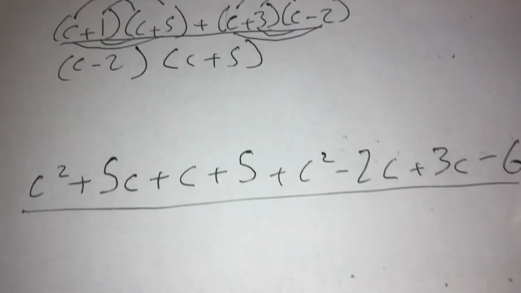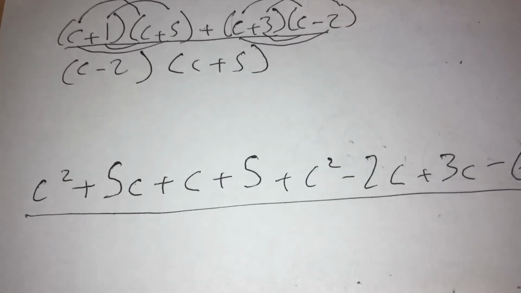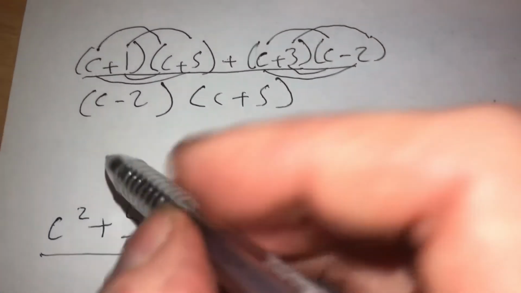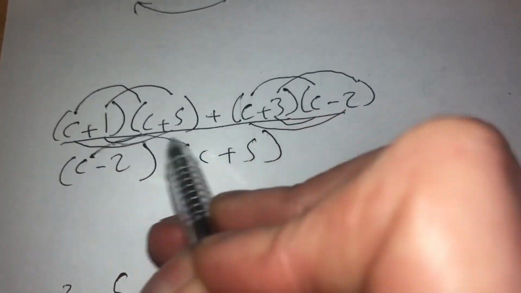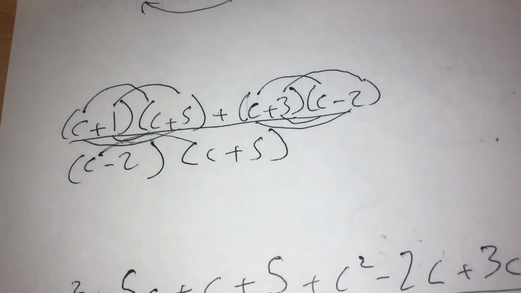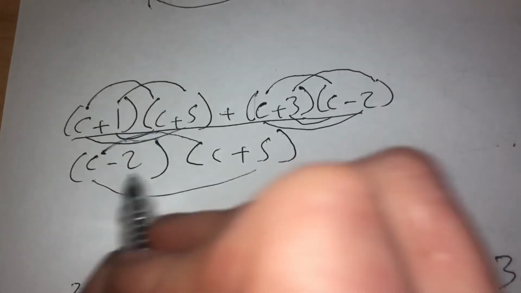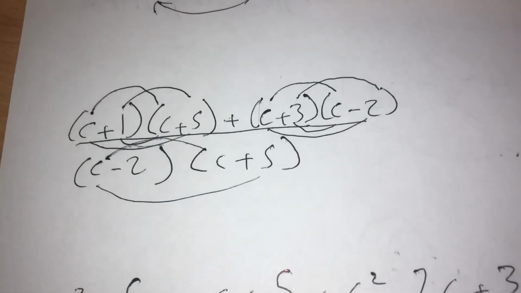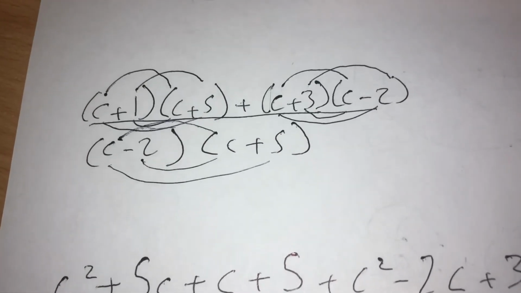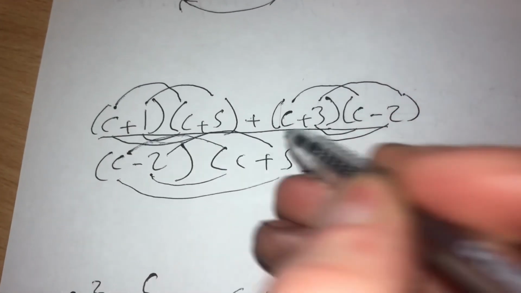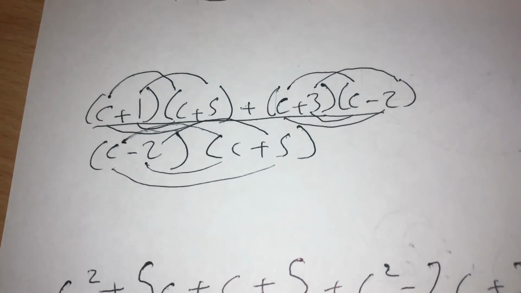Okay, so you can see quite a lot in this one when it comes to simplifying. You can multiply the bottom line or just leave it as is. I'll multiply it out anyway. So the denominator, c times c, c squared, outer, c times 5 is plus 5c, inner, minus 2 times c is minus 2c, and minus 2 times plus 5 is minus 10.